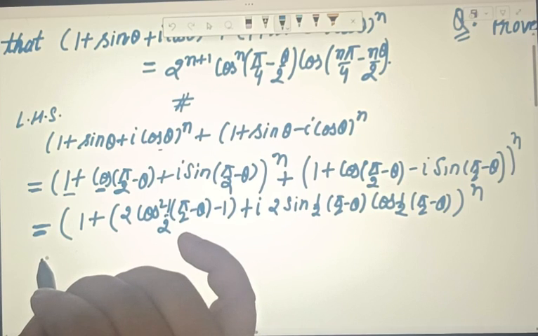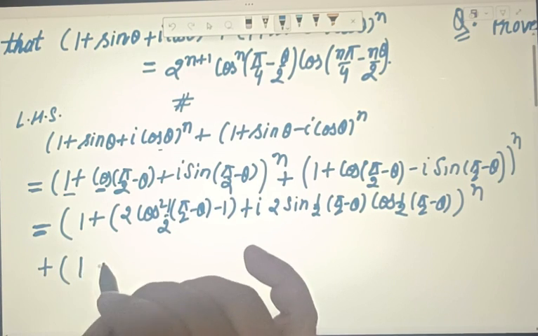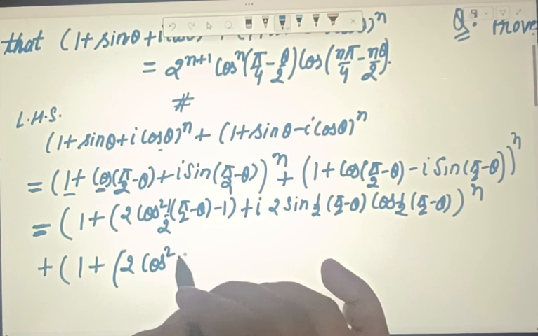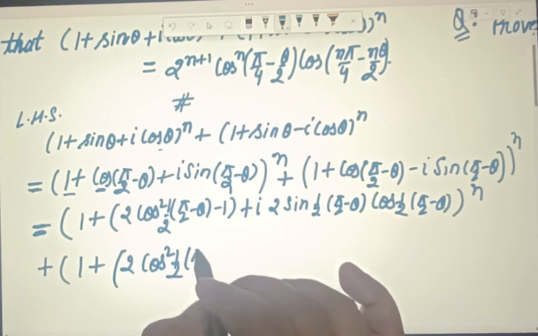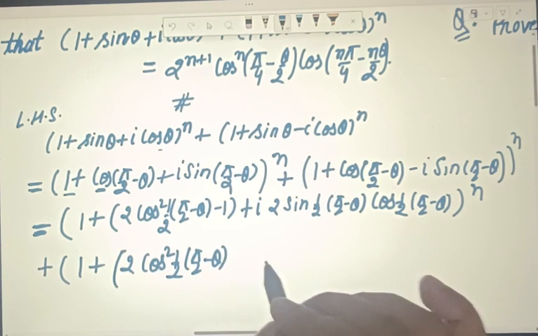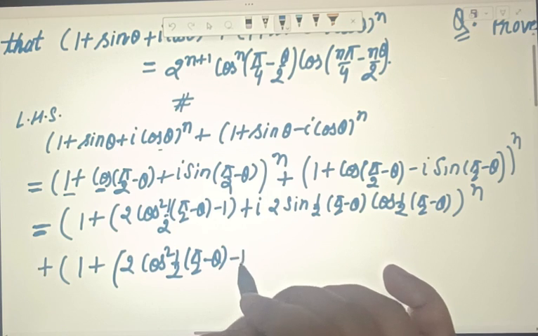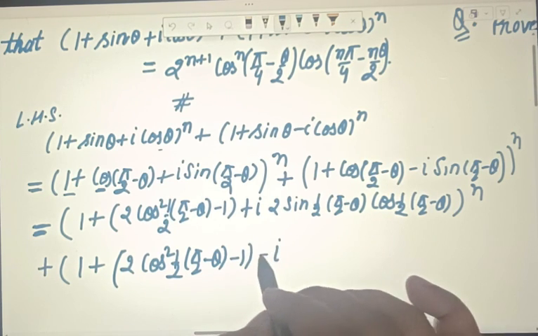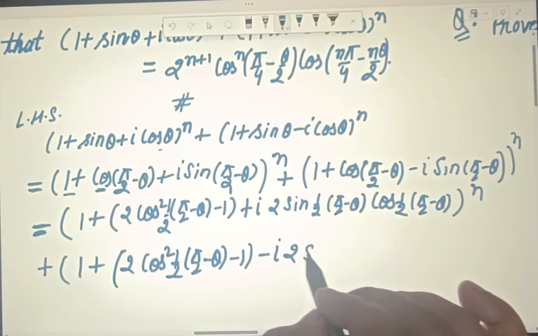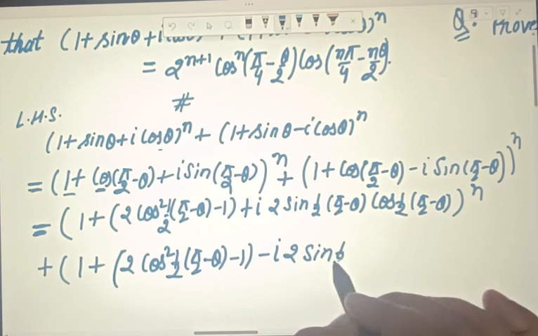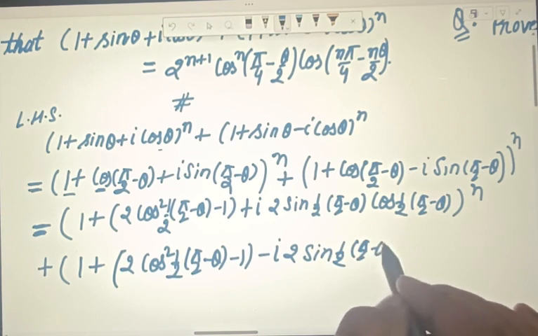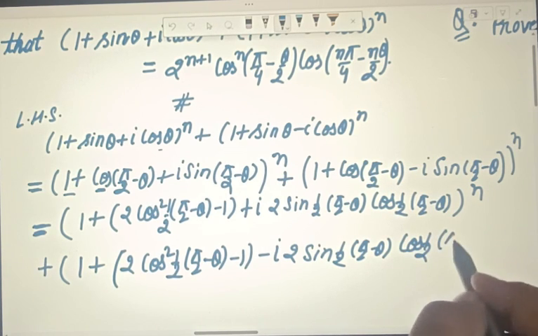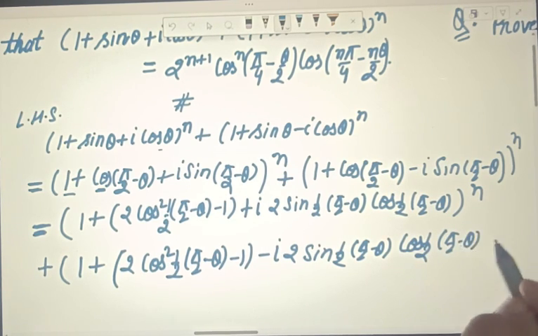We will do the same for the next one: 1 + 2 cos²((1/2)(π/2 − θ)) − 1, and then minus i times 2 sin((1/2)(π/2 − θ)) cos((1/2)(π/2 − θ)).